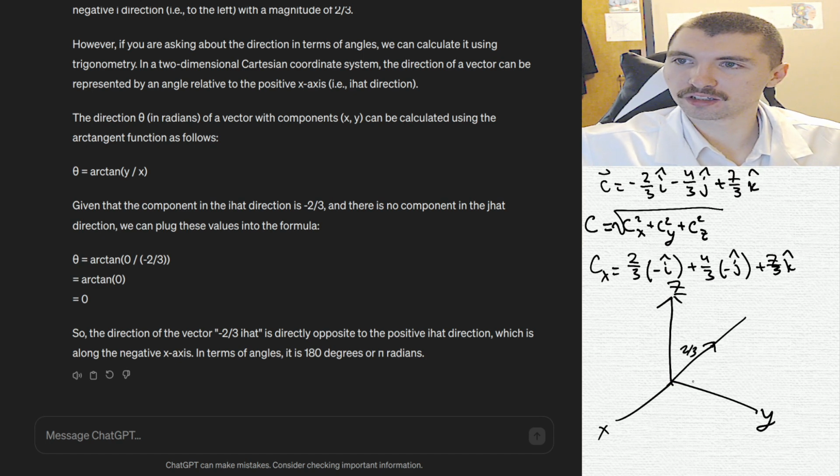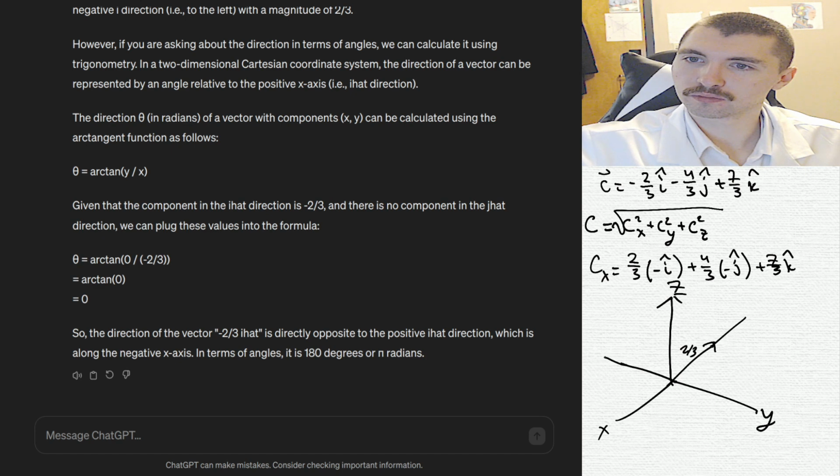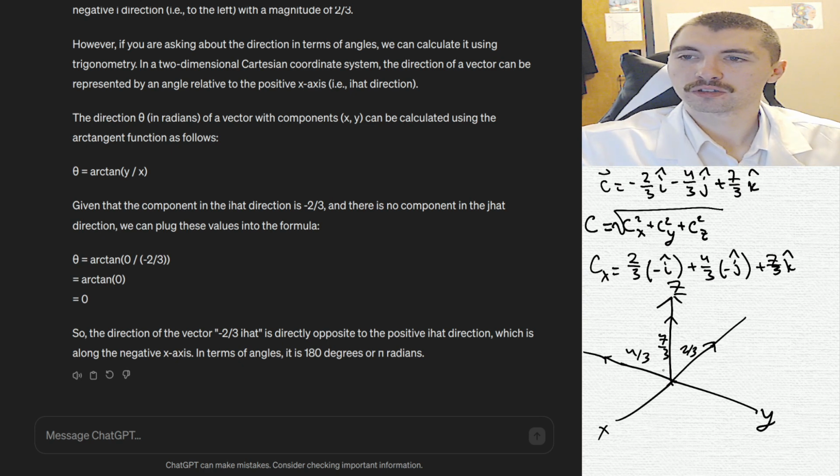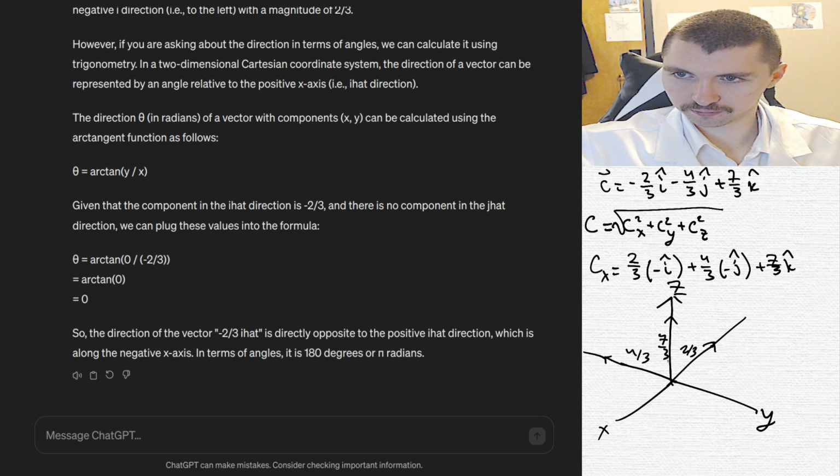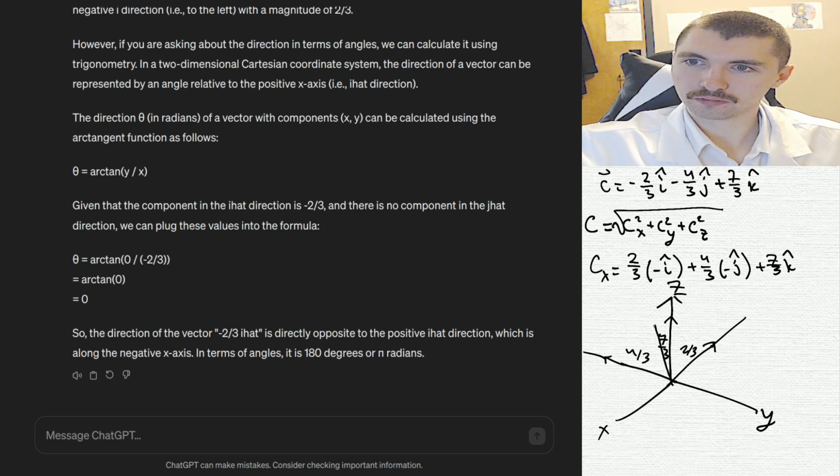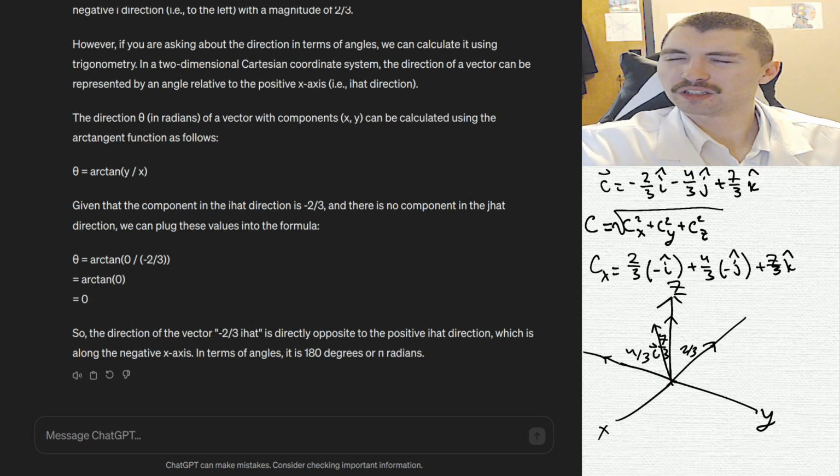And we would be going this way 4/3, and going up 7/3. So we want to find the vector going something like this. That's your C.